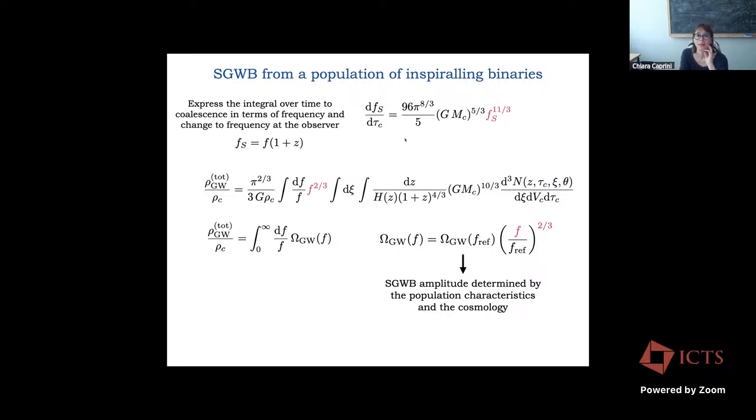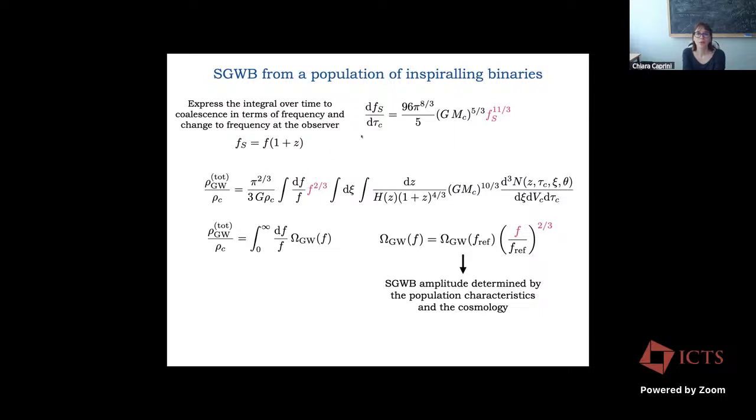And it says that dfs over d tau c, so the frequency at the source with the time to coalescence, behaves like the frequency at the source to the 11 thirds. Now I want to bring it here to the frequency at the observer, okay, so there are some extra 1 plus z factors.